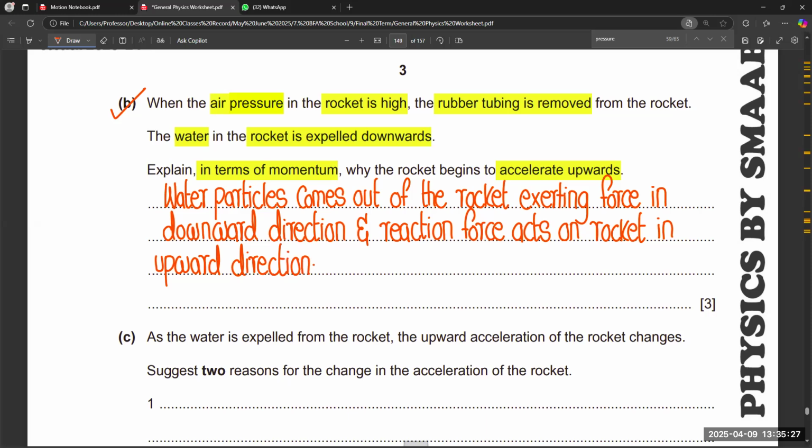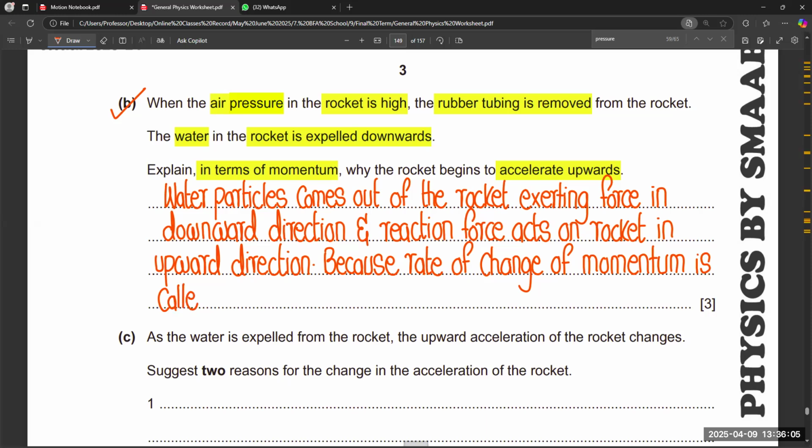And we know that the rate of change of momentum is equal to the force, because rate of change of momentum is called force.